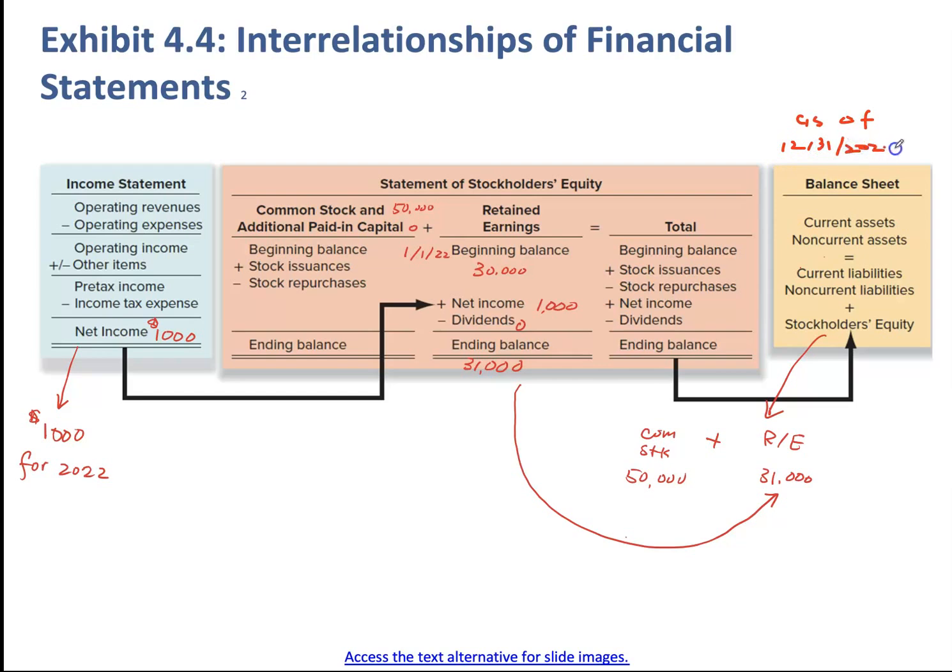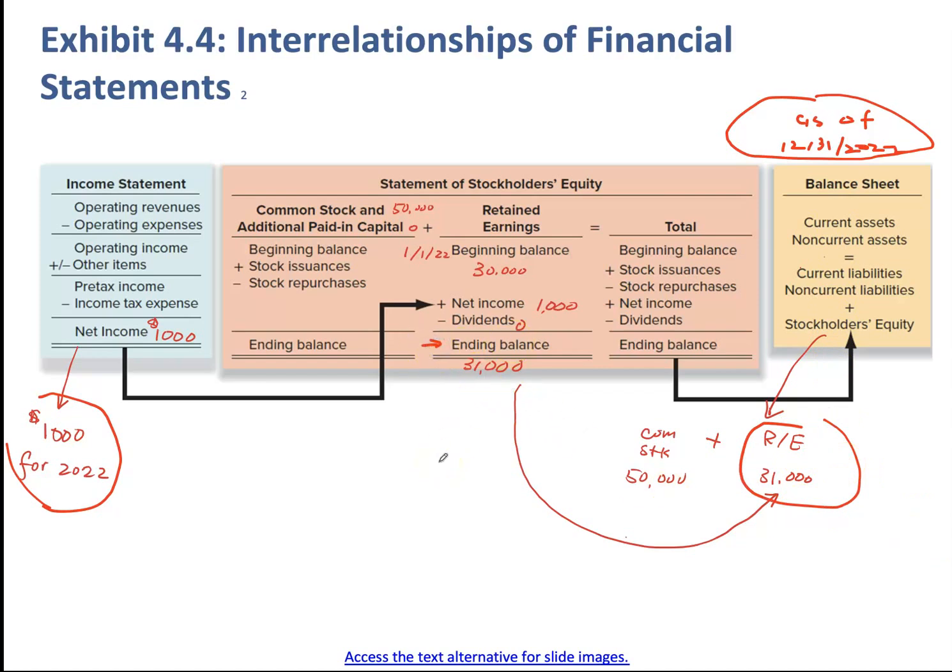This means the 2022 financial performance will be included when we report the end-of-year balance sheet. Where is it reflected? It's reflected in the account called retained earnings at the end of the period.